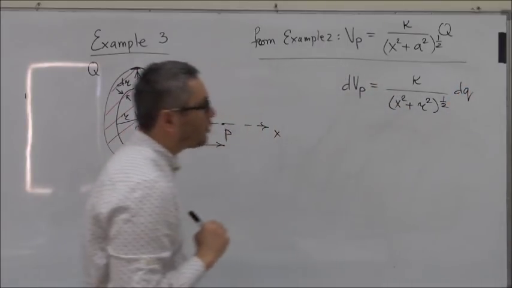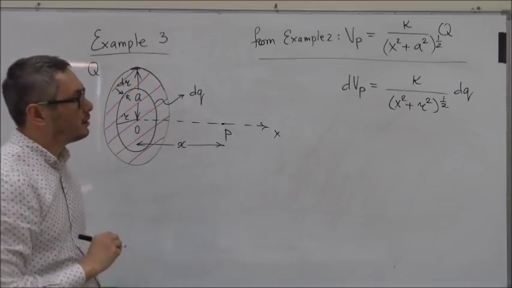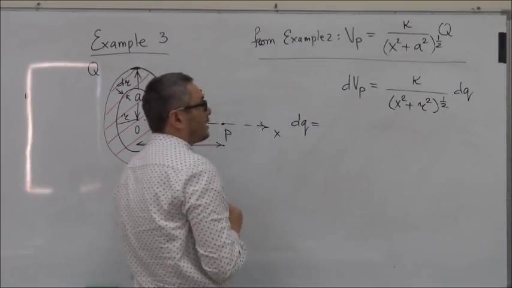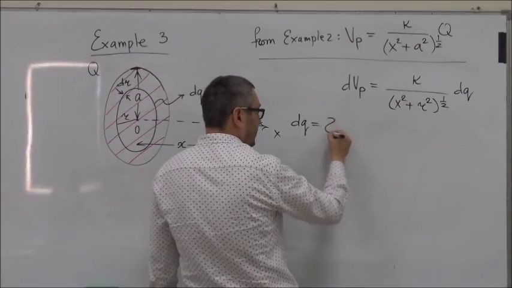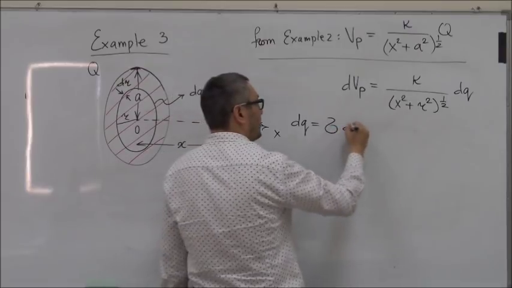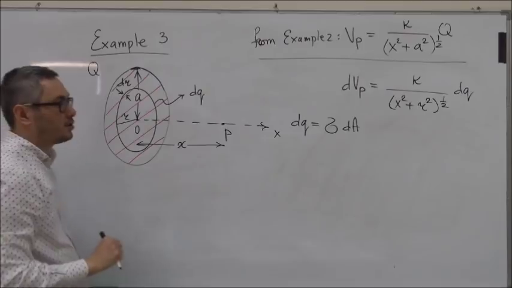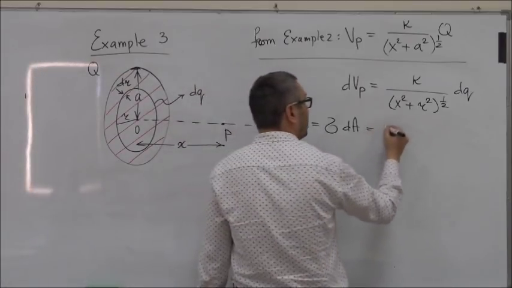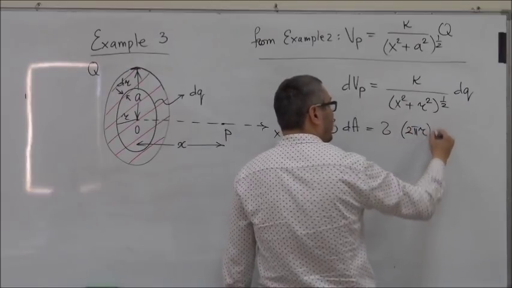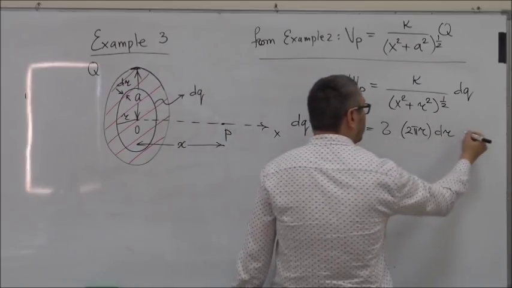So now we need to work out how much charge is on the ring, dQ. This dQ is equal to sigma, the surface charge density, times the area of that ring. The area of the ring is equal to the circumference, which is 2 pi r, times the thickness, dr. What about sigma?